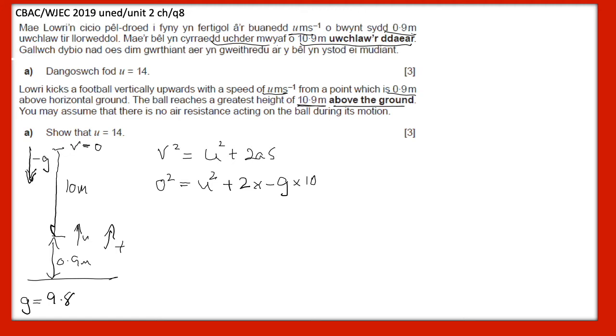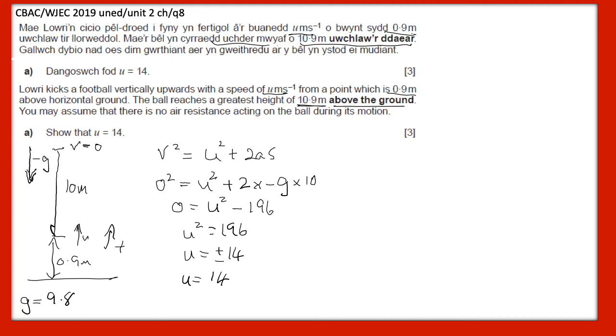So essentially what I've got here is that 0 is equal to u squared minus 196, which gives me that u squared is equal to 196, hence u is equal to plus or minus 14, but in this particular case u is equal to 14 because it is going in my positive direction.